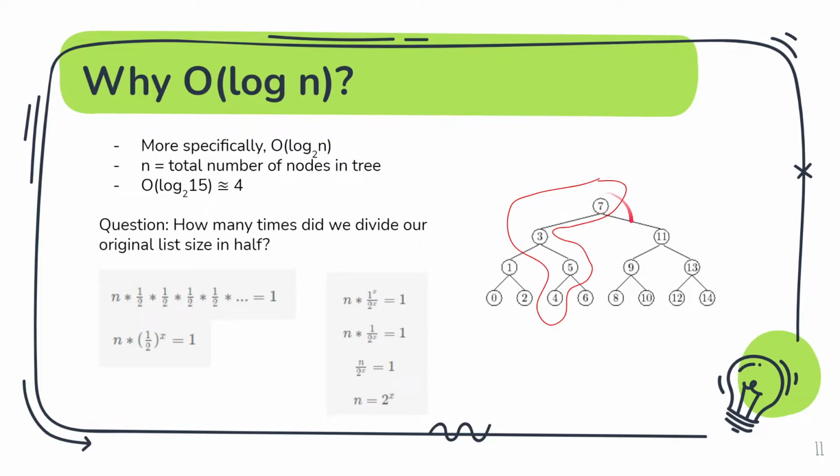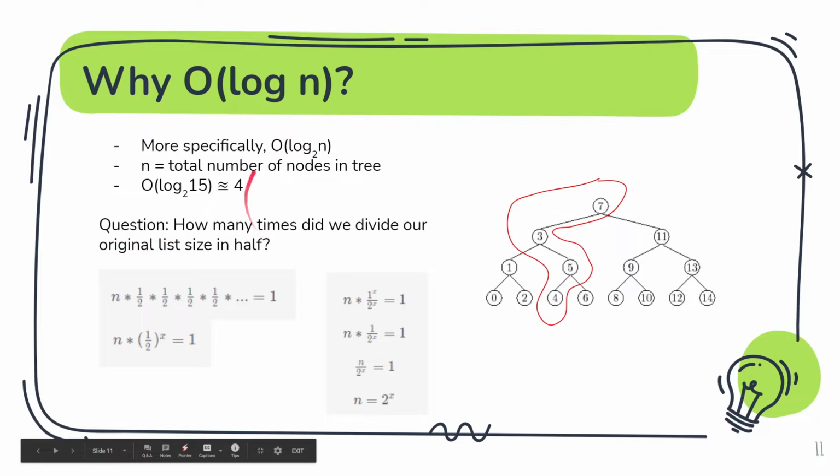For example, 8, 9, 10, 11, 12, 13, 14 are all bigger than 7, and there's no way 4 has any space to exist there, assuming that this is a binary search tree.